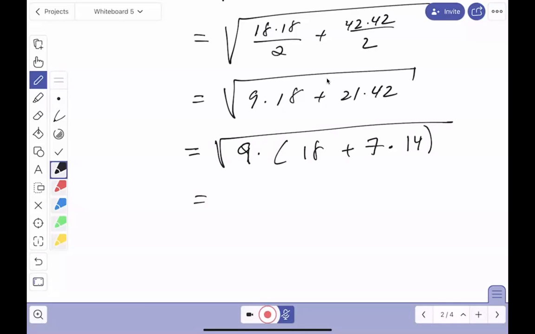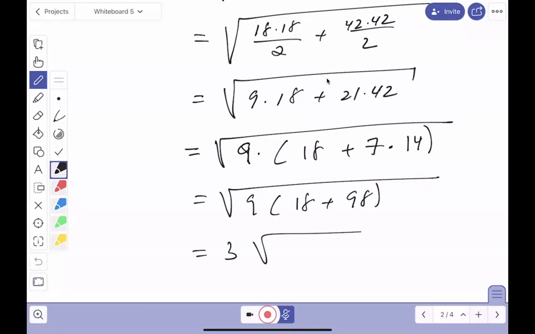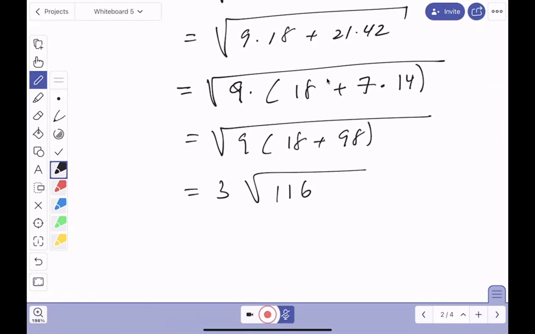And again, I'm just trying to do the arithmetic. I want to see if I can get it. Let's see, it's 70 and 28, 98, right? 18 and 98, 116, right?